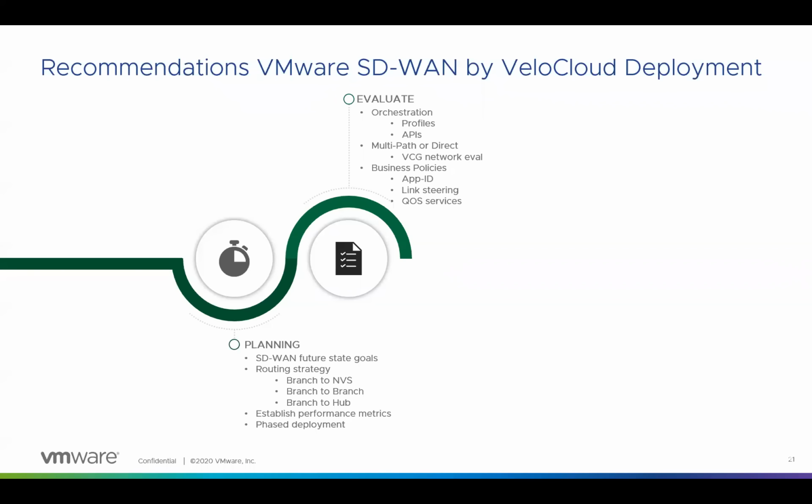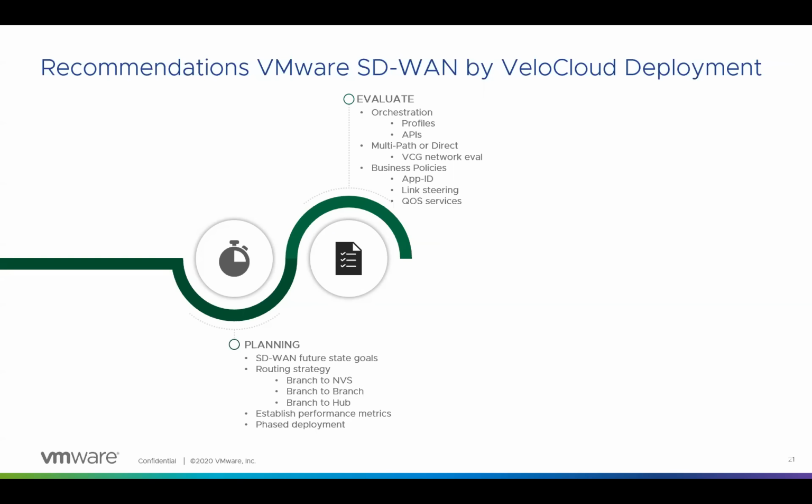Also, it was an opportunity for us to leverage APIs. Swapnil talked a little bit about our work from home use case and how we're delivering those edges and provisioning them through the use of APIs. We also wanted to craft the business policies in a way that made sense for us.